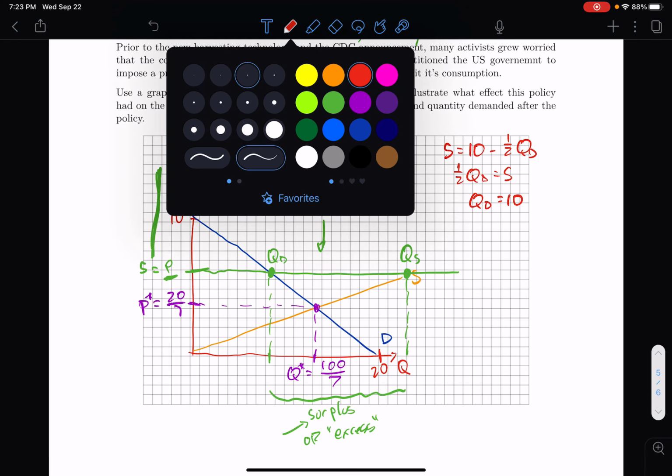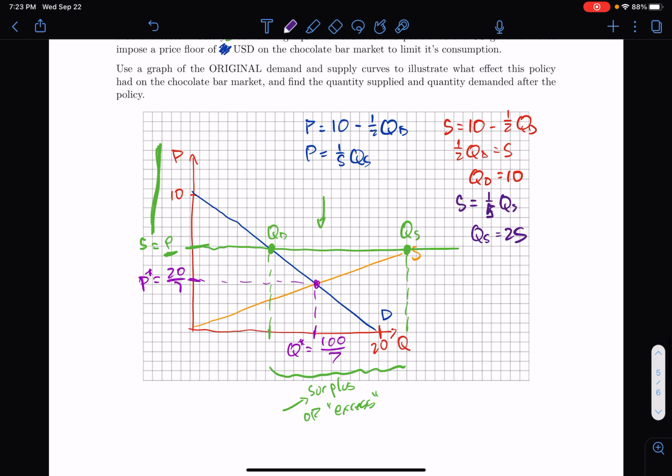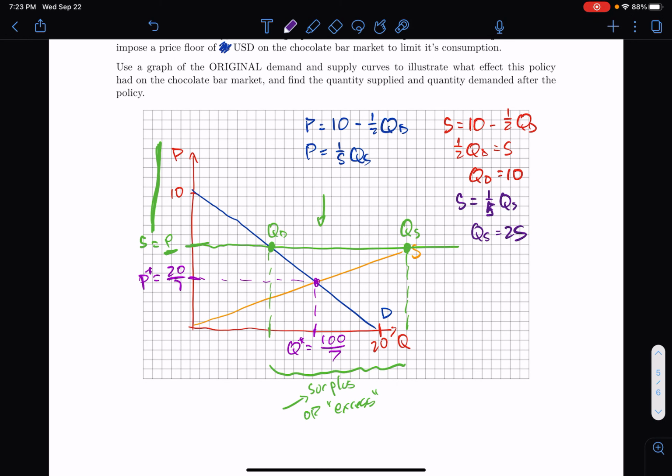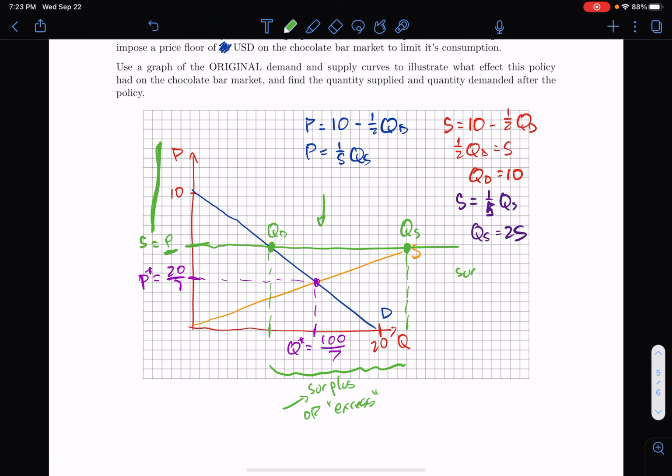And then secondly, when we plug in 5 into the supply curve, we get QS is equal to 25. Okay, so we get a surplus of 15. So that's one of our results.